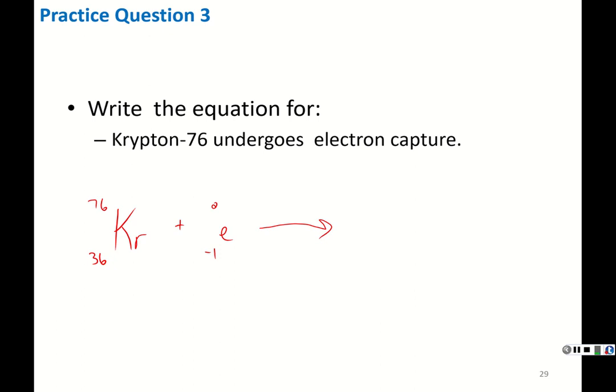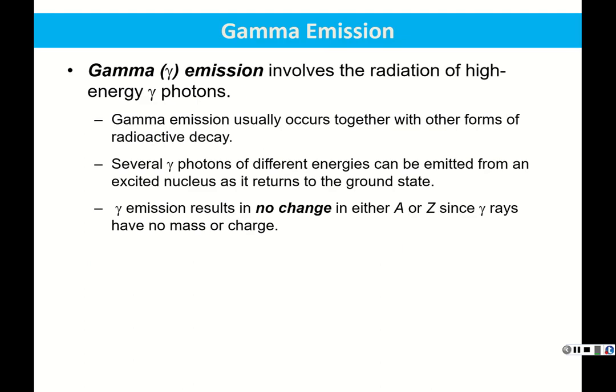And what does it go to? Well, 76 plus 0 would be 76. And 36 minus 1 would be 35. So this would be bromine. Okay.